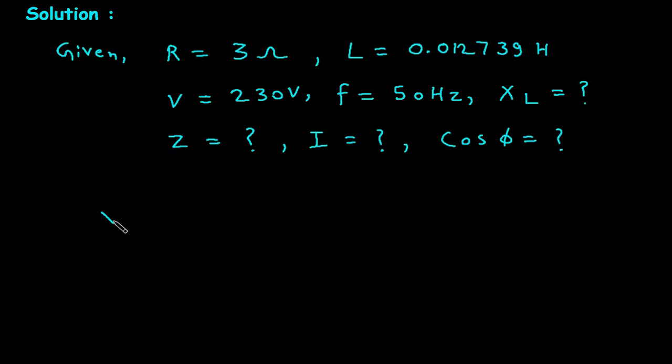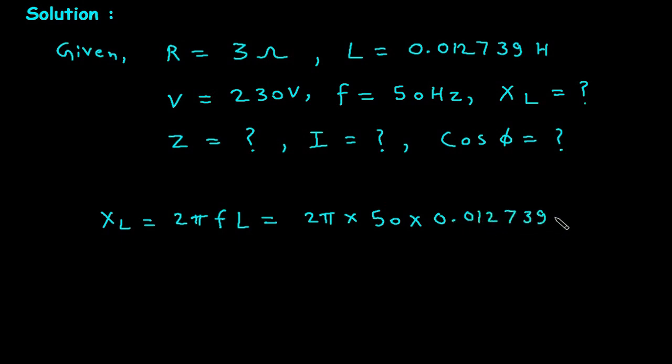The formula for XL, inductive reactance, is equal to 2 pi FL. Now here this will be 2 pi multiplied by frequency, 50 Hz, multiplied by L, the inductance, 0.012739.